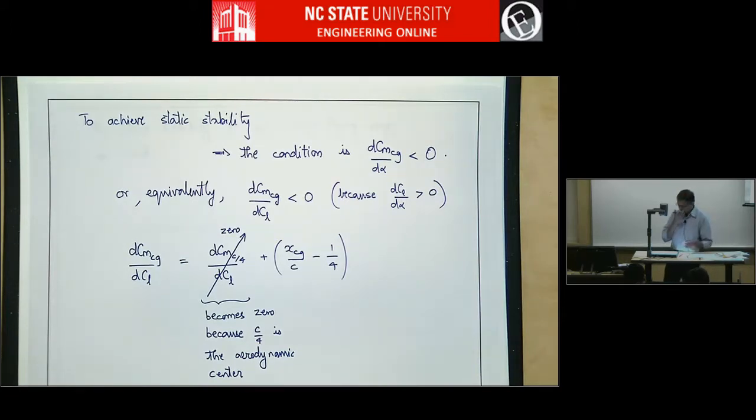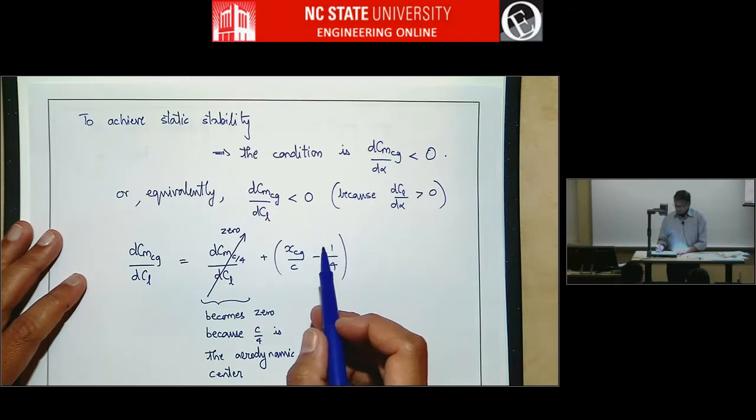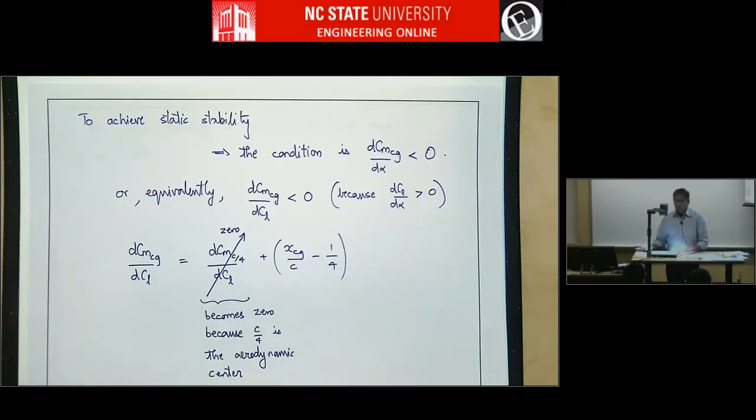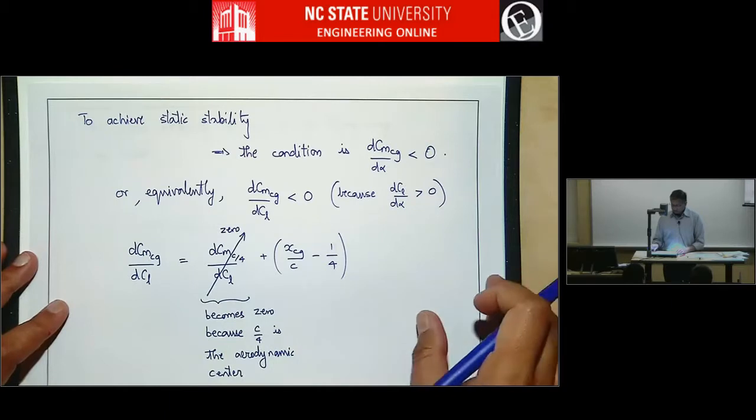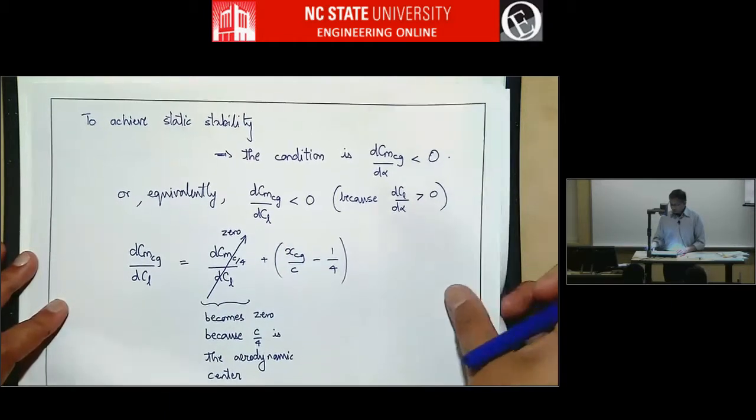You make the connection the other way. So just from the equation, you almost have to throw away things that you know and say, looking at this equation, what can I say? To make this negative, this has to be negative, right?